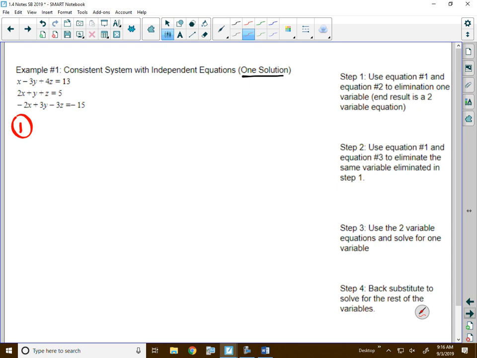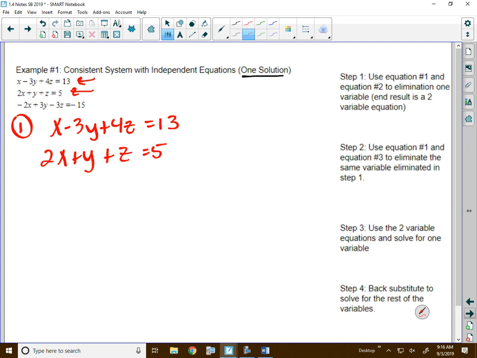So take a look, we have equation 2 and equation 1 right there. We're going to rewrite those on top of each other. In this whole process, we will do elimination multiple times.